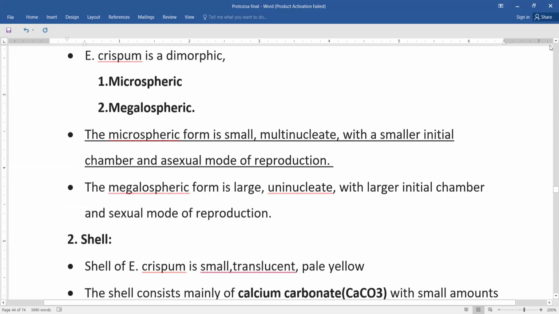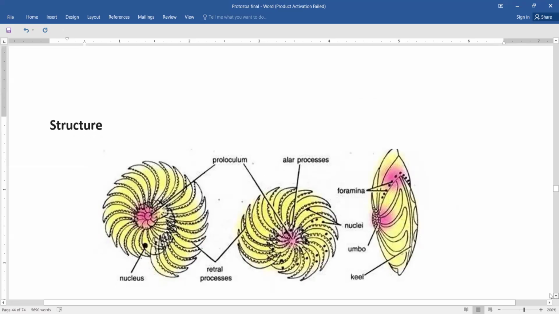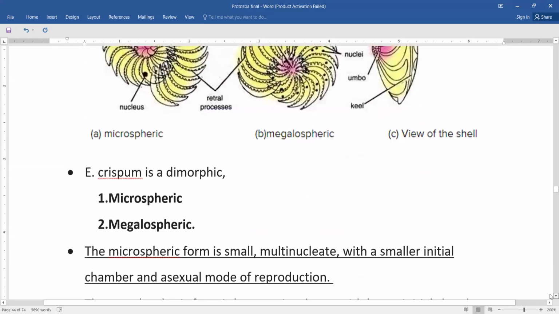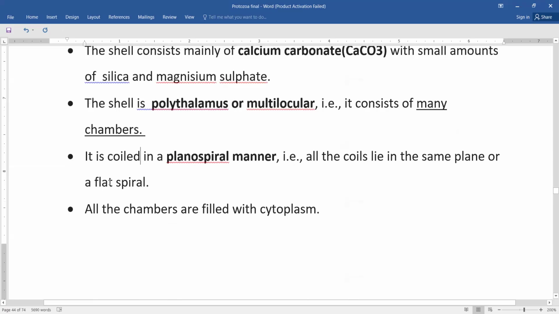Just wait, I'll show the diagram again. Here many rows or lines are present. That arrangement is called spiral arrangement. Plano-spiral is the way all the shell chambers are coiled.